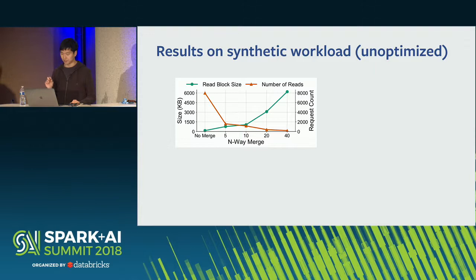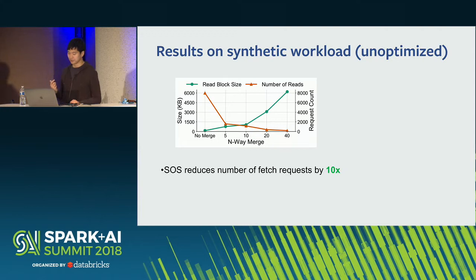Then we have 5, 10, 20, and 40 n-way merge. This is the merge factor. You can see how the read block size increases as we increase the merge factor, and the number of reads decreases. So SOS reduces the number of fetch requests done by Spark by more than 10x.